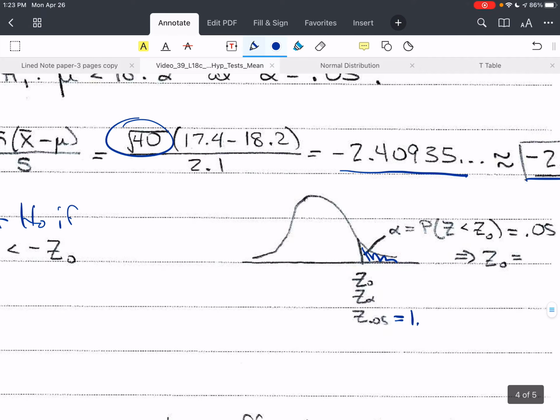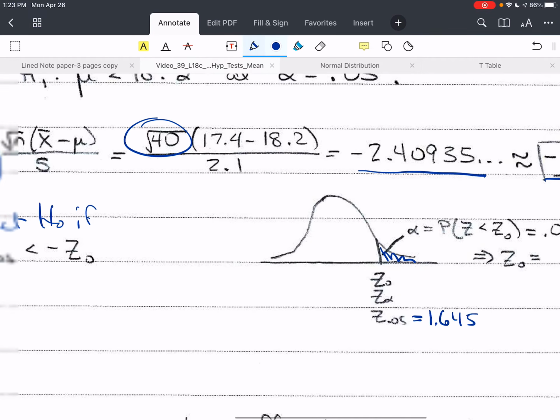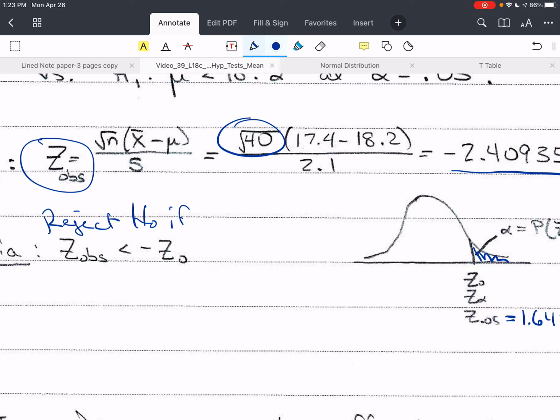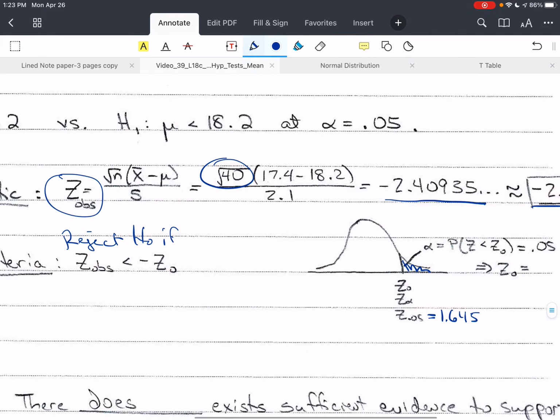So this is 1.645. My rejection region, though, is z observed is less than negative z of alpha. Z observed was negative 2.41. I have a less than sign, so I put that. I have a negative, so I put that. And then I have z naught, which I said was 1.645. This is a true statement.